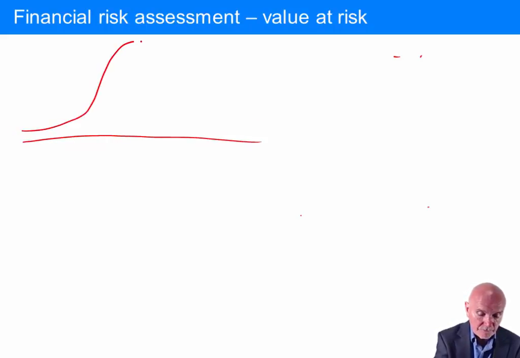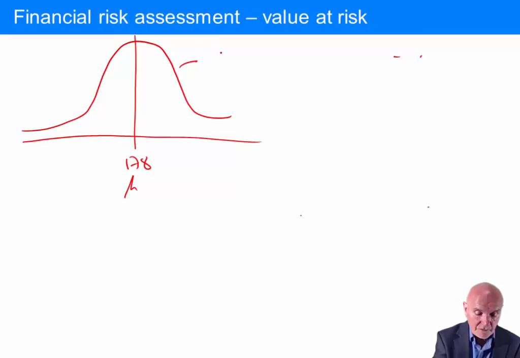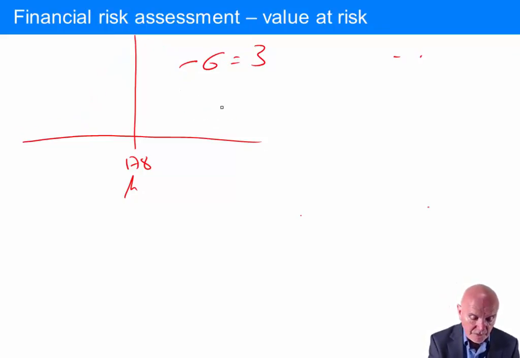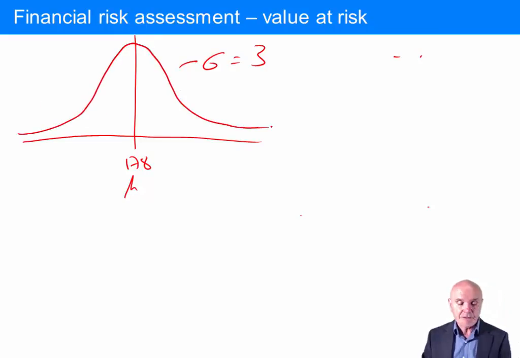So, here we have our people, 178. That's our mu. Standard deviation, 3 centimeters as before. And this should be all symmetrical. I haven't drawn it very well in here. The whole thing is completely, that's better, symmetrical.